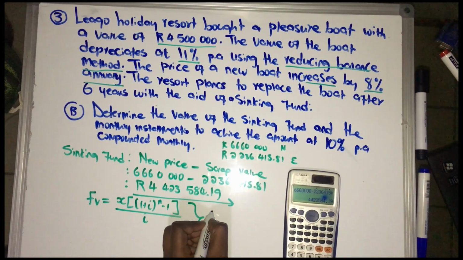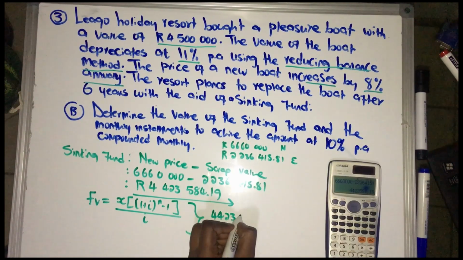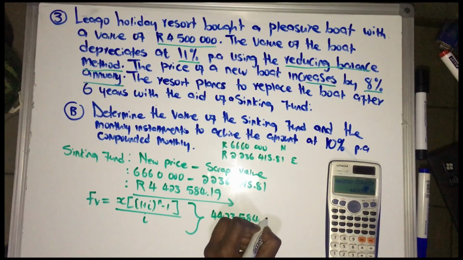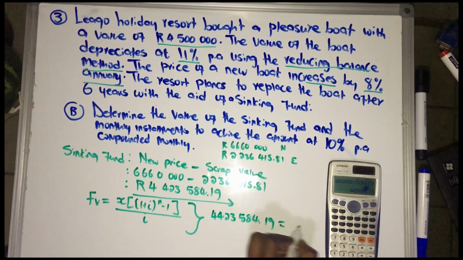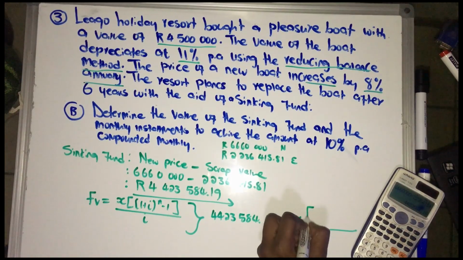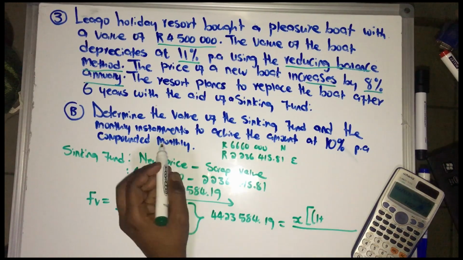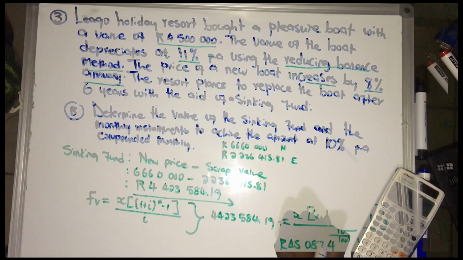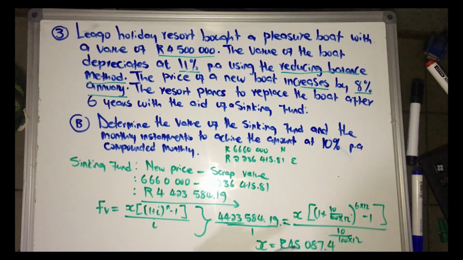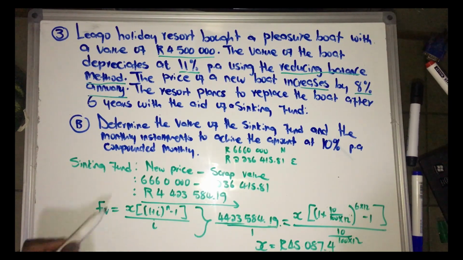So I'll just write this here. So that's our value, 4,423,584.19, and that's equal to our x, which is what we're looking for, and then here we have 1 plus our i, which is 10%. I've just fast forwarded the whole thing to the final answer, but I'll walk you through what I did. We're still using the same formula.